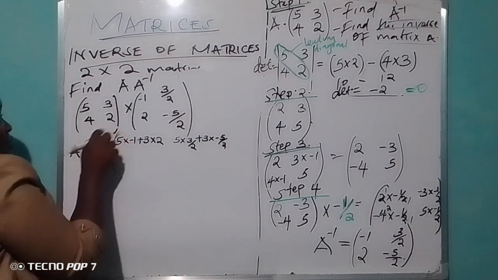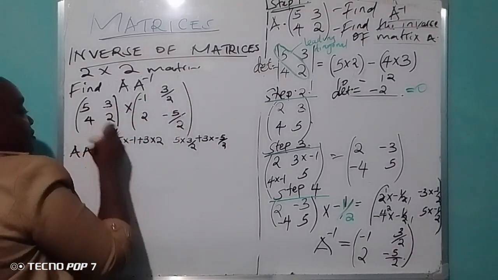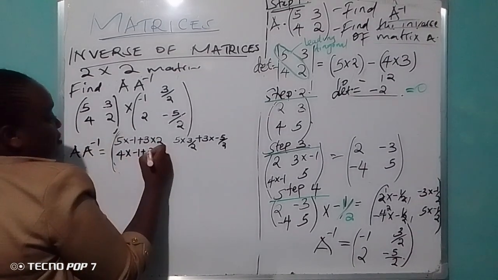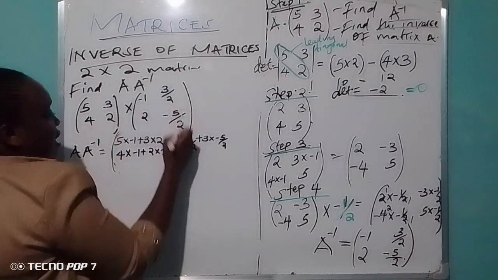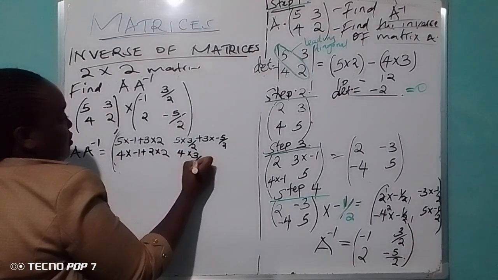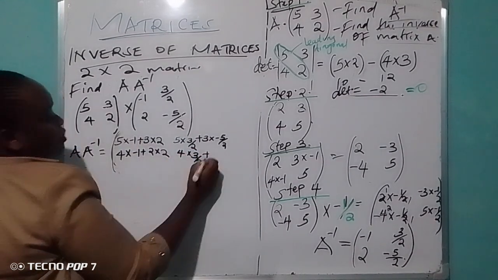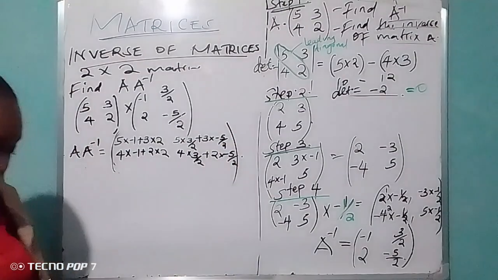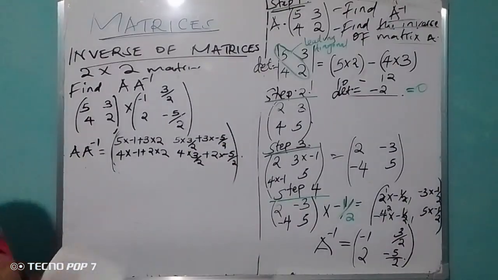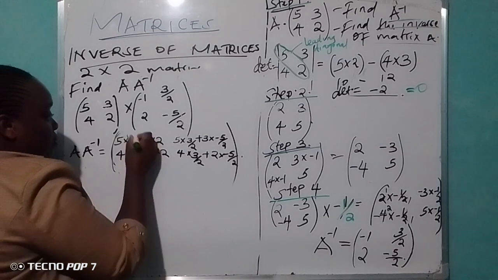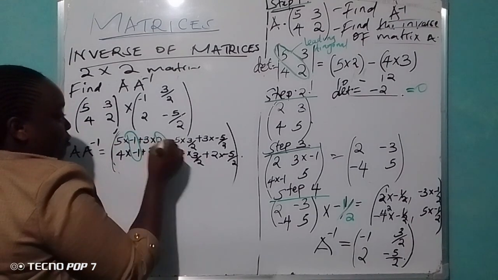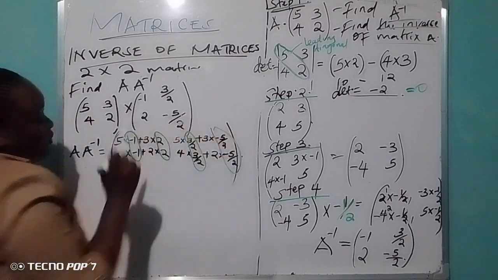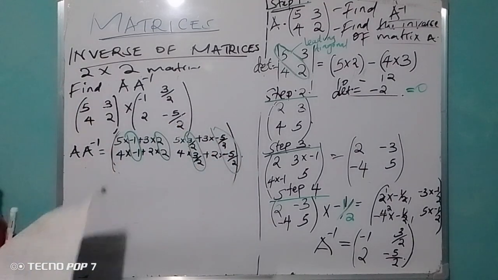Then we go to the second row with each column, so 4 times negative 1 plus 2 times 2, then 4 times 3 over 2 plus 2 times negative 5 over 2. So if you notice, let us see if we're correct. And inafanana. So we continue.